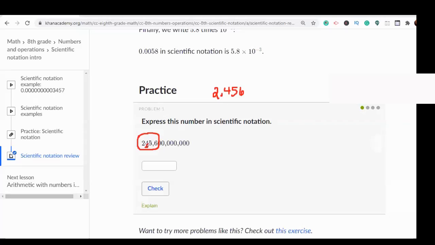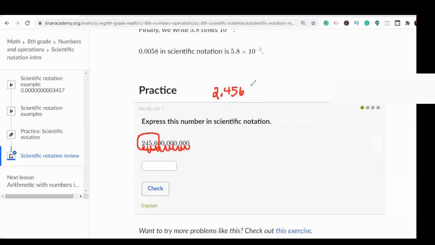And if the decimal is there, how many decimal places does it have to move in order to get back to the original number? So let's count. 1, 2, 3, 4, 5, 6, 7, 8, 9, 10, 11.